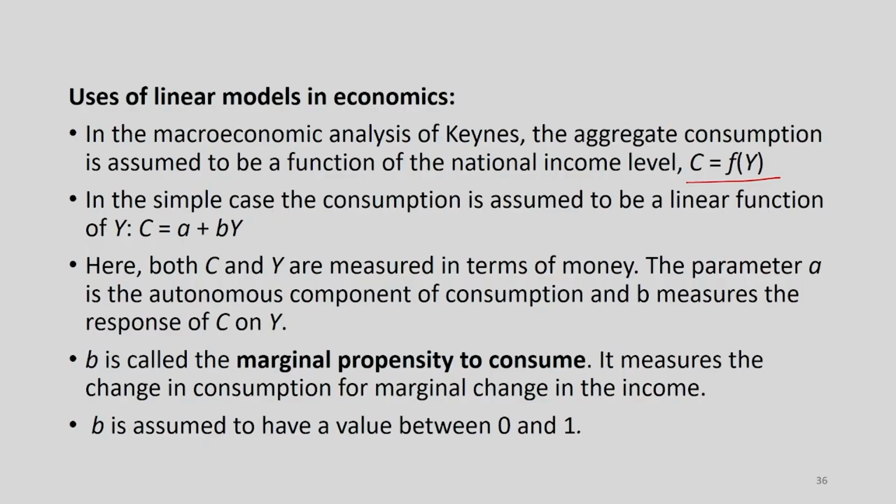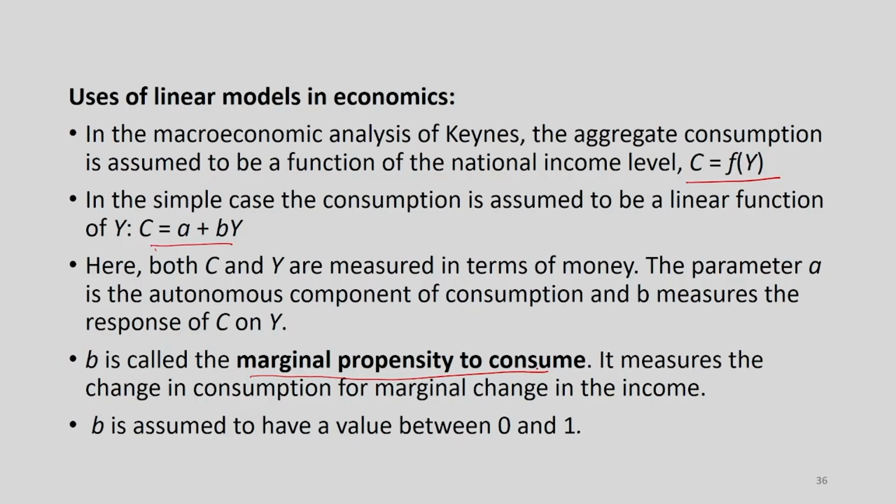So, C is equal to f of y, which means that consumption depends on income, but you can take a simpler form of this particular function. You can take f of y is equal to a plus b y, where a and b are parameters. So, C depends on y through this particular rule. In this form of consumption function, b is called the marginal propensity to consume.